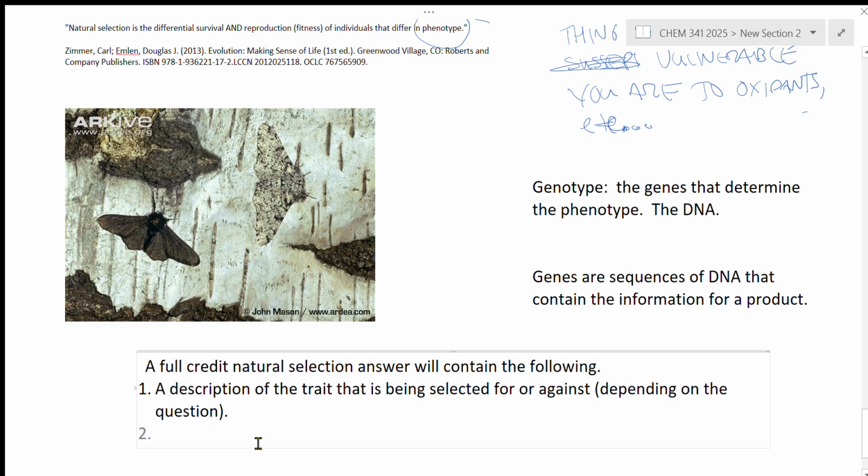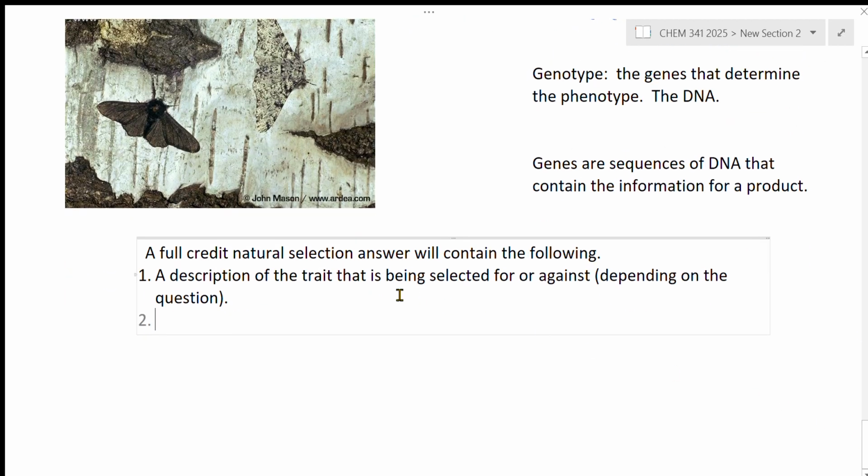It's going to have, and here's the most important part, the meat of it, a detailed description of how that trait is selected. And then finally, a description of the consequence of that selection.